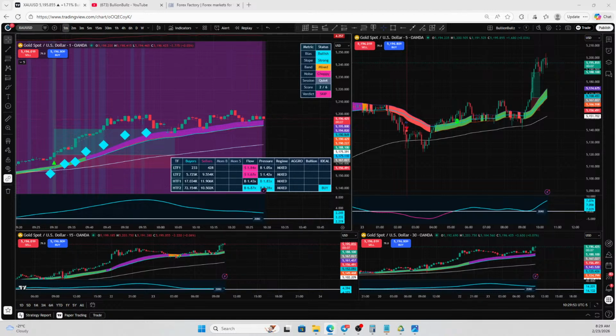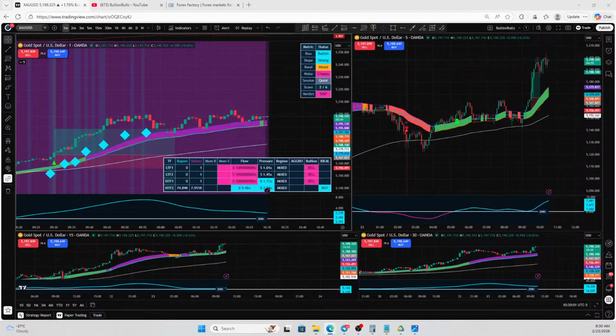Another thing I would like to share is how to measure the volatility in the market. How would you know that there is a lot of volatility in the market? You can add average true range on your chart. This tells you what the range of a single candle is in that time frame.